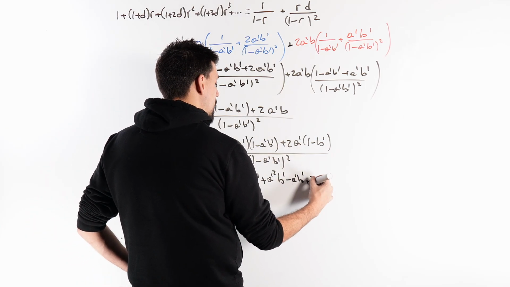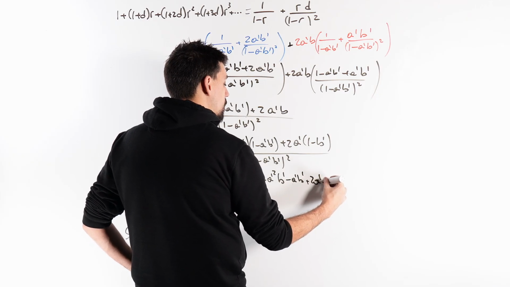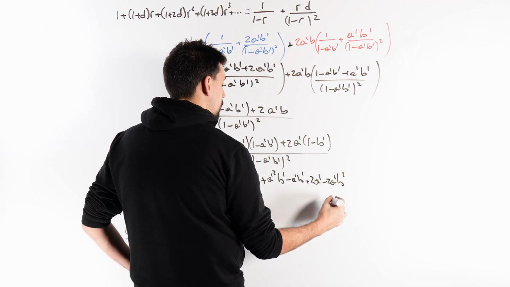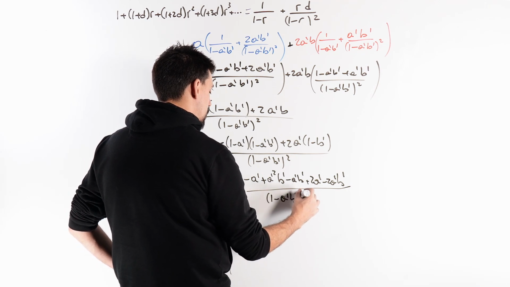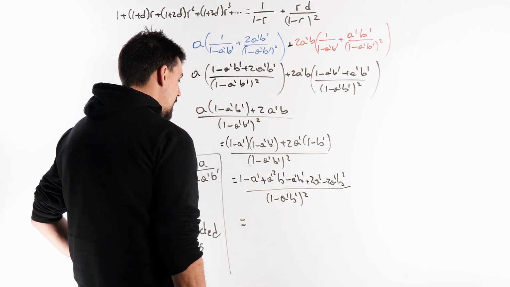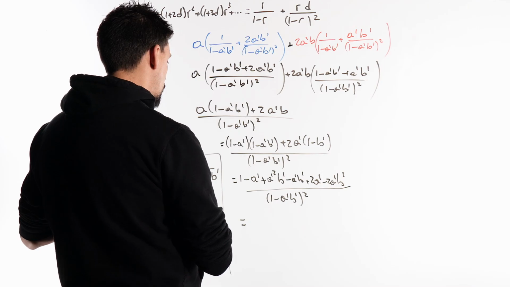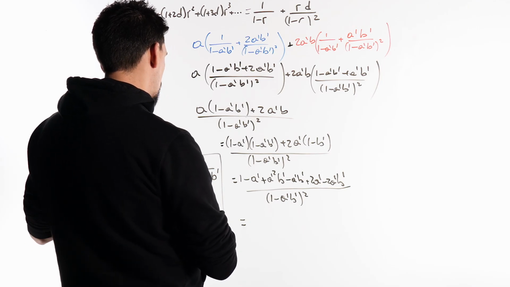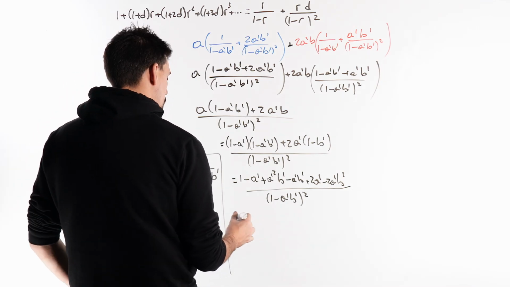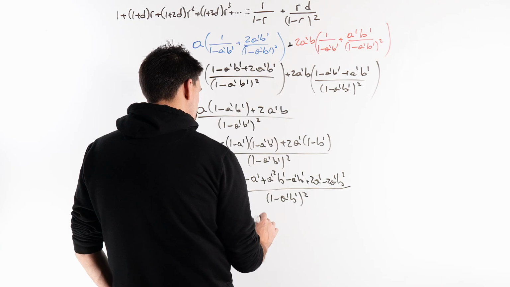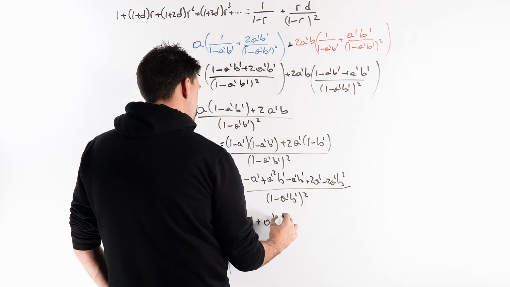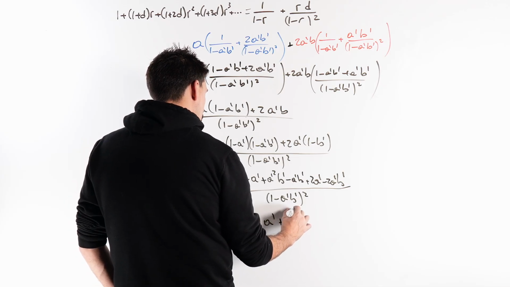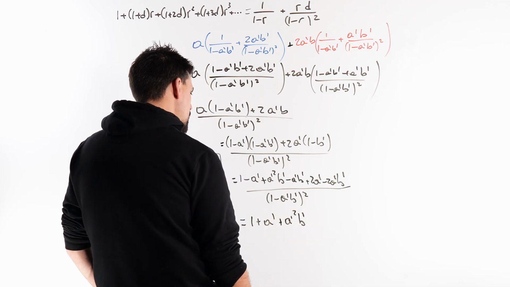Here, plus 2a dashed, so that is 1 plus a dashed plus a dash squared b dash.